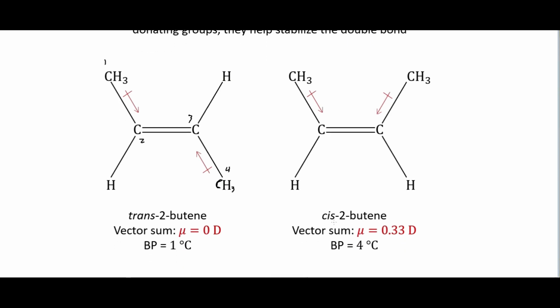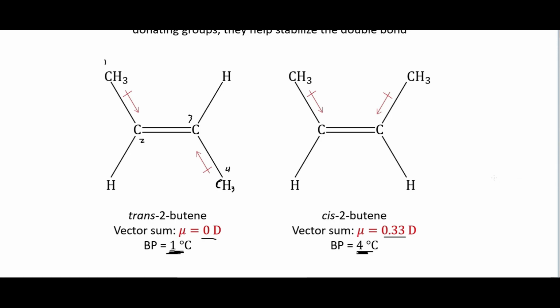Then we have the cis 2-butene here. And what we see is that the vector sum of these dipole moments on the trans is going to be 0, where on the cis it's going to be 0.33. And we can actually measure this with a slight increase in the boiling point of the cis as compared to the trans, where this boils at 1 degree Celsius and this at 4 degrees Celsius.